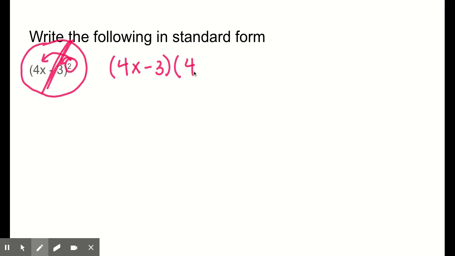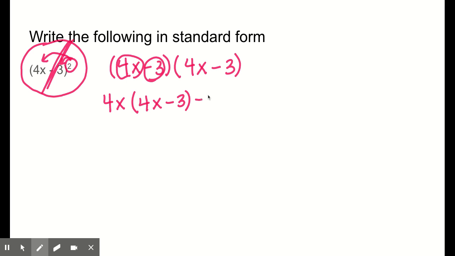So 4x minus 3 times 4x minus 3. Again, now we're multiplying two binomials, so we need to break apart the first binomial and double distribute. So that's 4x times 4x minus 3 minus 3 times 4x minus 3.